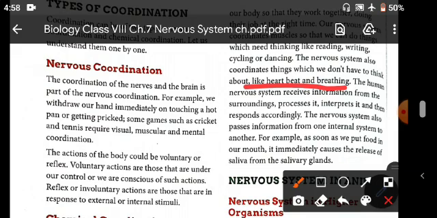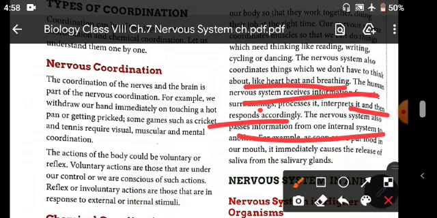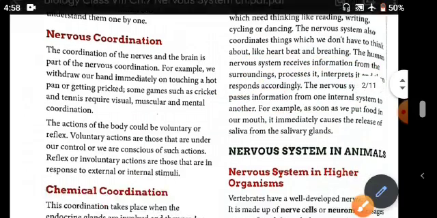Now the human nervous system receives information from the surroundings, then interprets it and then responds accordingly. That means our nervous system will take the information and thereafter give a response. The nervous system also passes information from one internal system to another.